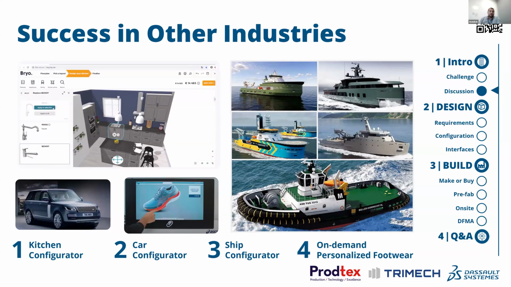Similarly, you see car brands, the automotive industry, offering configurators. Everyone gets their personalized car. You see branding language there in terms of individual packs or Autobiography or similar, emphasizing the personalization aspect. Yet we know that these all come from one manufacturing line.